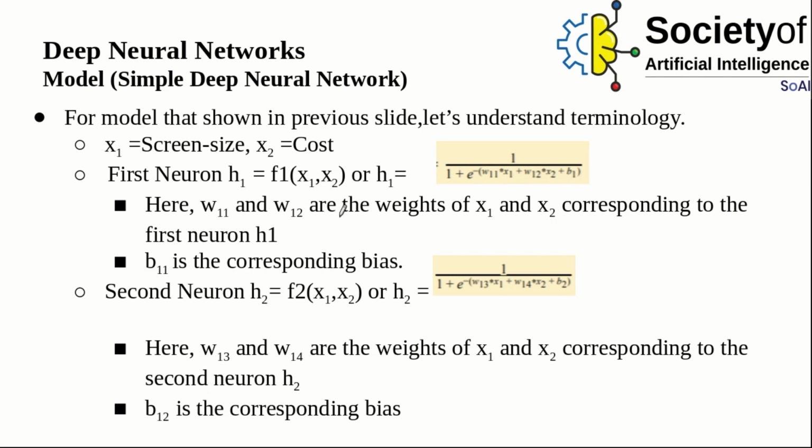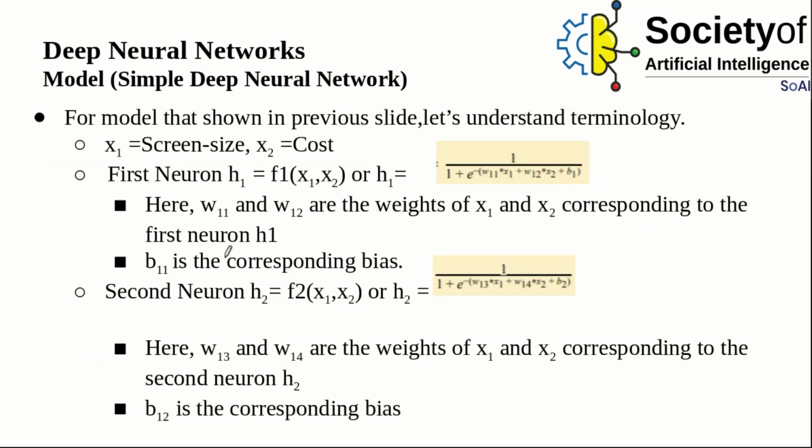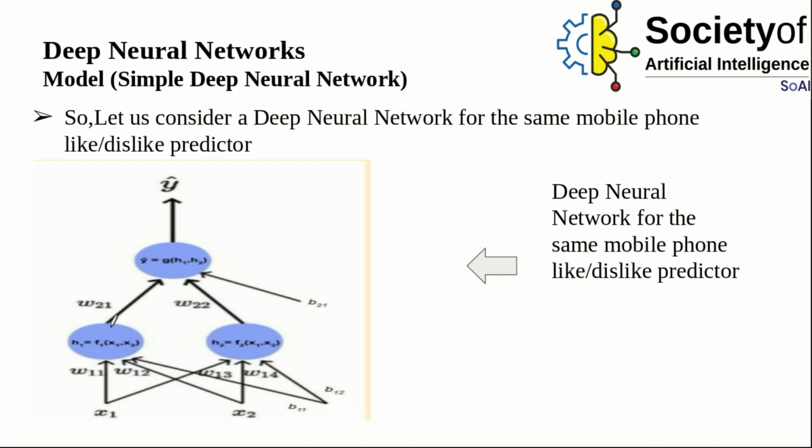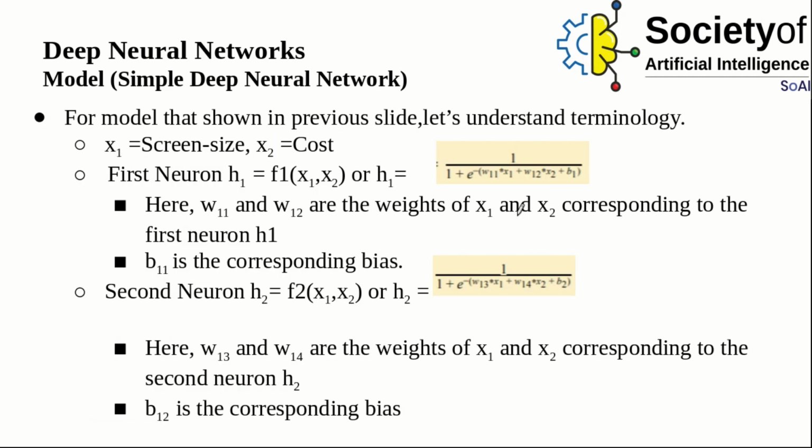Here w11 and w12 are the weights of x1 and x2 corresponding to the first neuron h1.